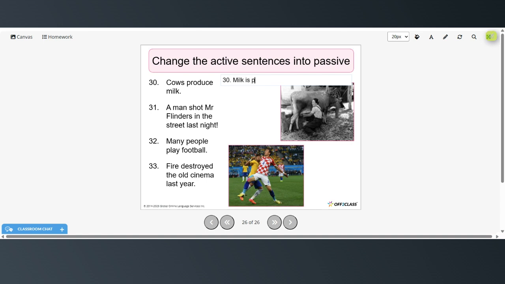Milk is produced by cows. Mr. Flinders was shot by a man in the street last night.